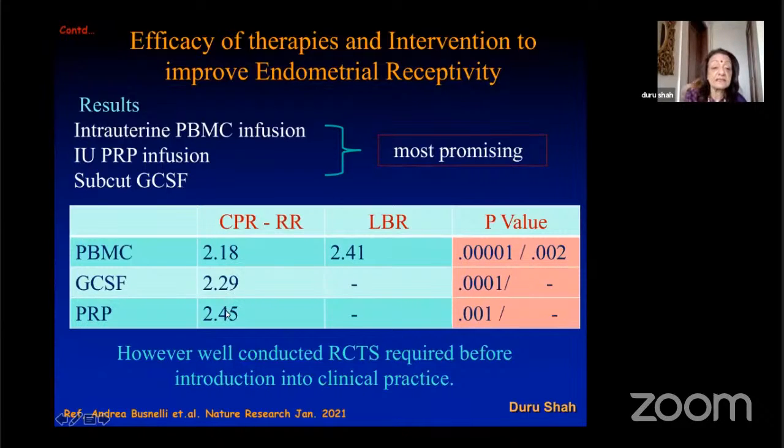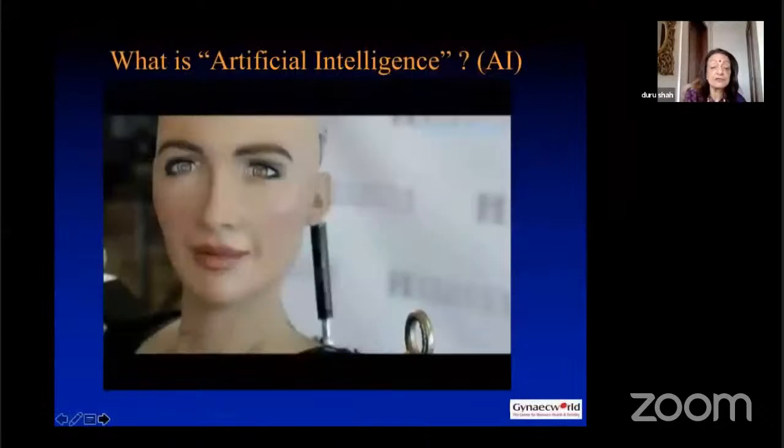Only thing is, in these 3, only the clinical pregnancy rate was evaluated, while live birth was evaluated even for PBMC. So these seem to be the current promising therapies which may help to reduce the endometrial embryo asynchrony.